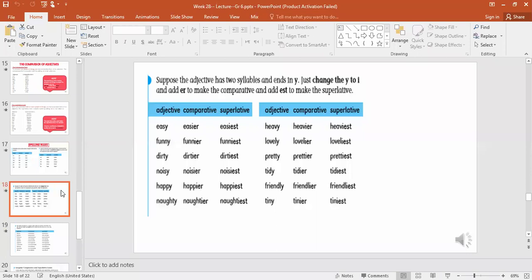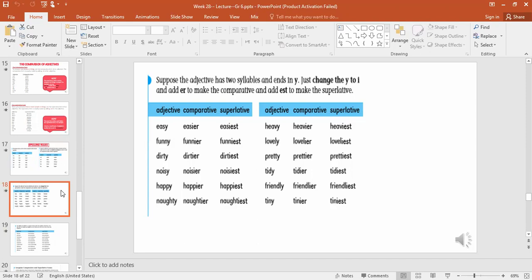And the other row, as you can see: heavy, lovely, pretty, tidy, friendly, tiny. So these words have two syllables and they end in Y. For the adjectives that have two syllables and end with Y, to change them to the comparative and superlative form, we have to cross out the Y, replace it with I, and then add ER or EST.